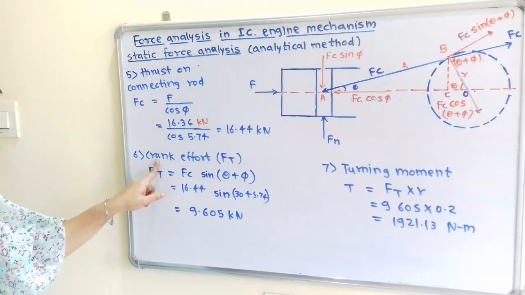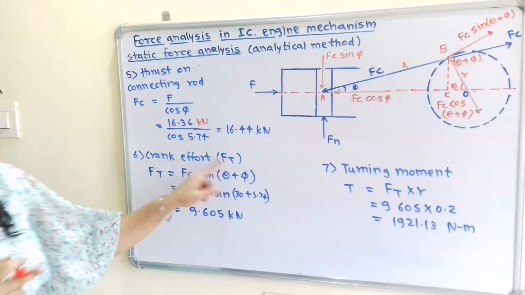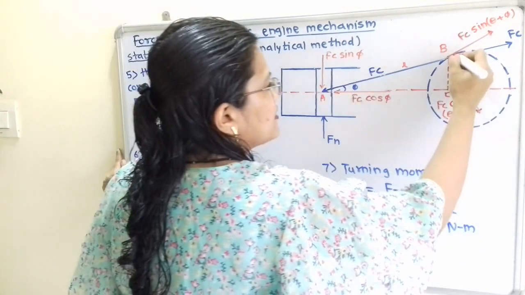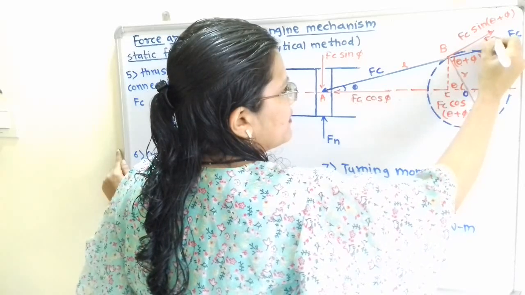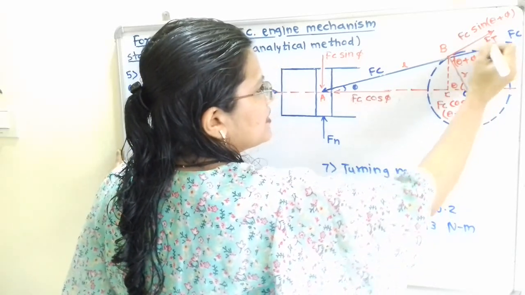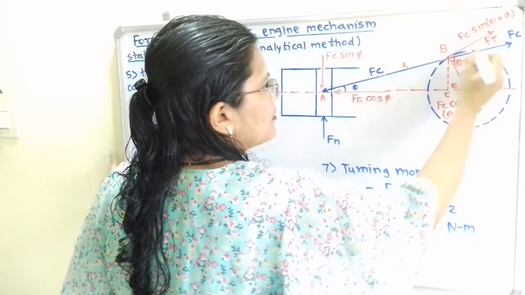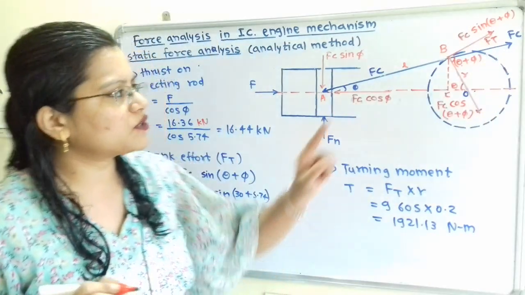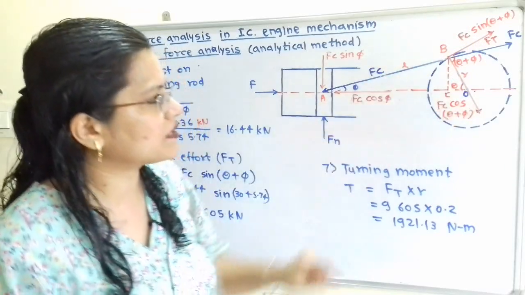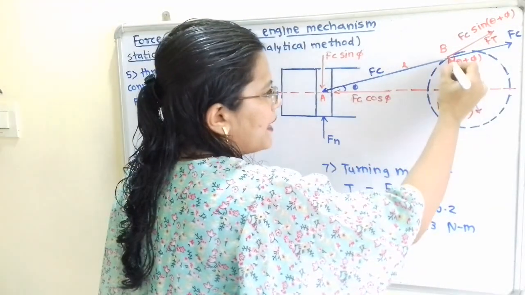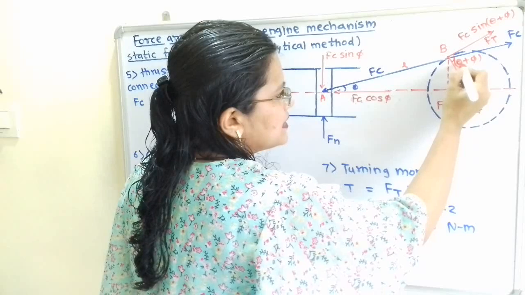Now next question, crank effort. Crank effort is Ft, and this component of Fc is known as Ft. So how to calculate this Ft? We have to resolve this Fc into two components. The angle made by this component with Fc is theta plus phi.